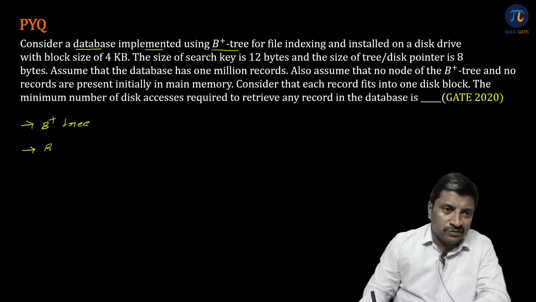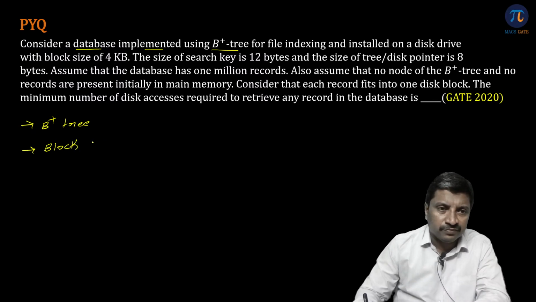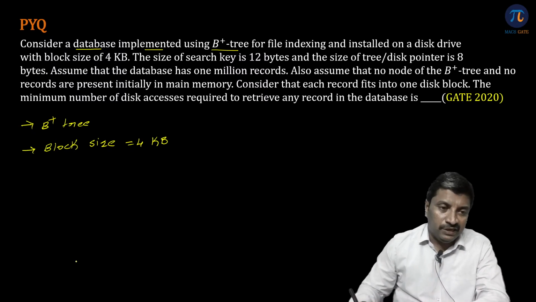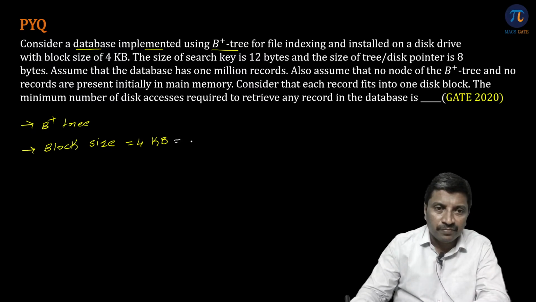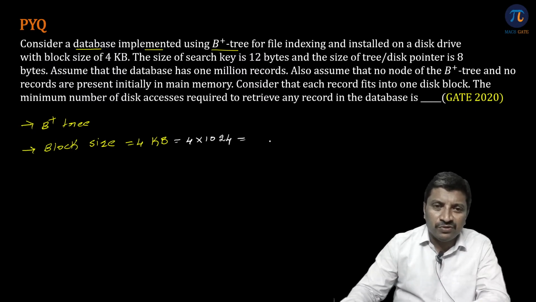So the second one is block size, 4 kilobytes. Sir, 4 kilobytes means how much, sir? It is 4 into 1024, which is equal to 4096 bytes.